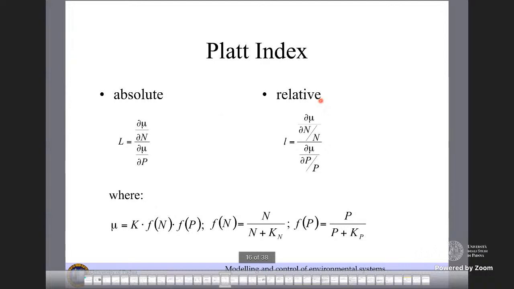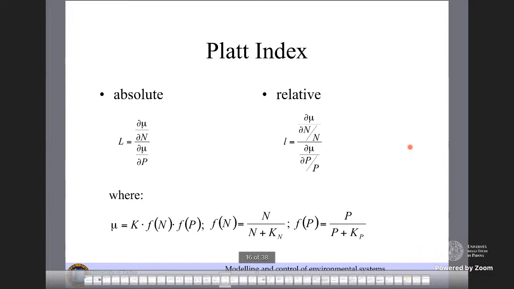In the relative form, we normalize the variation of the growth rate with an increase of a nutrient, nitrogen for example, by dividing by the total quantity of nitrogen. These indexes are a more sophisticated way of evaluating the effect of co-limitation.